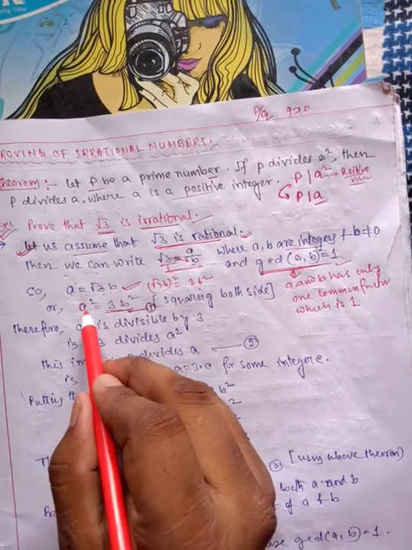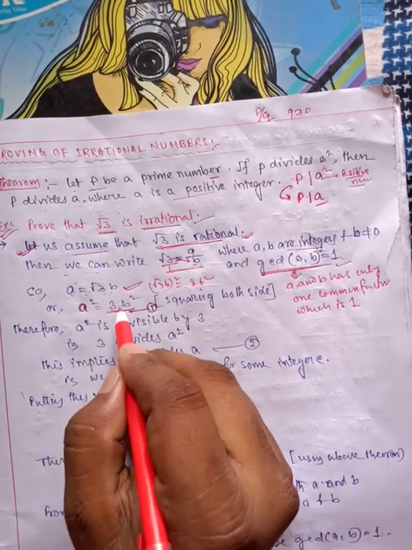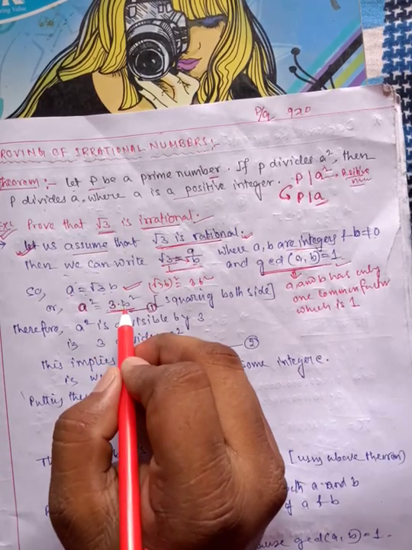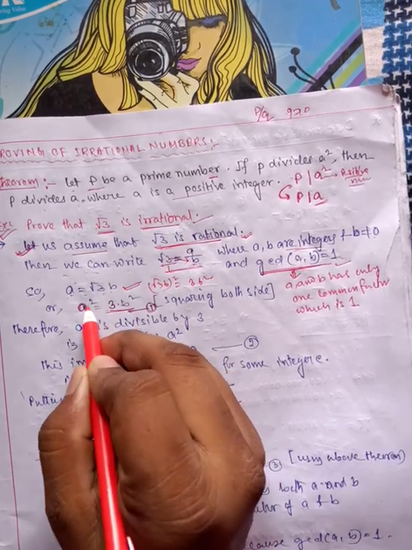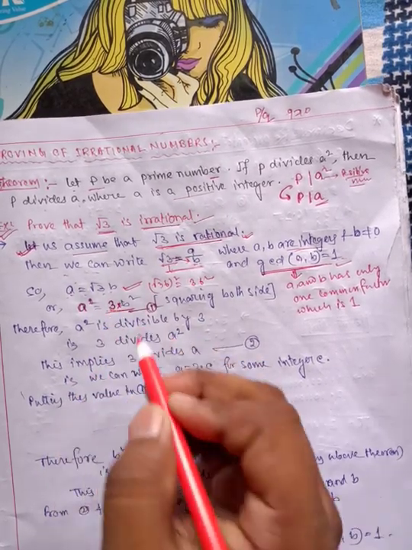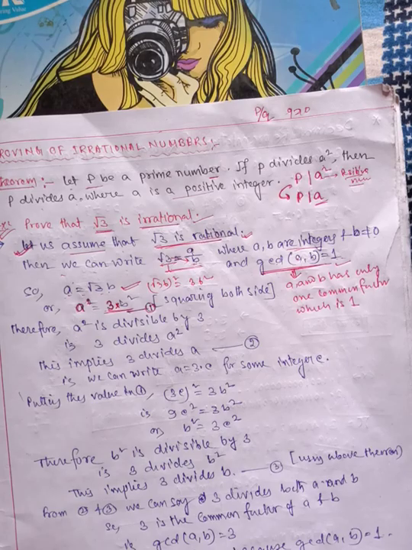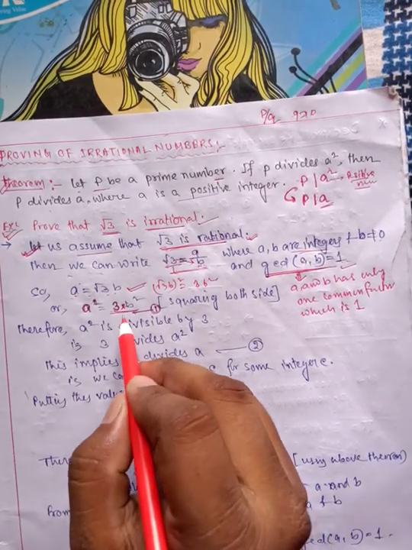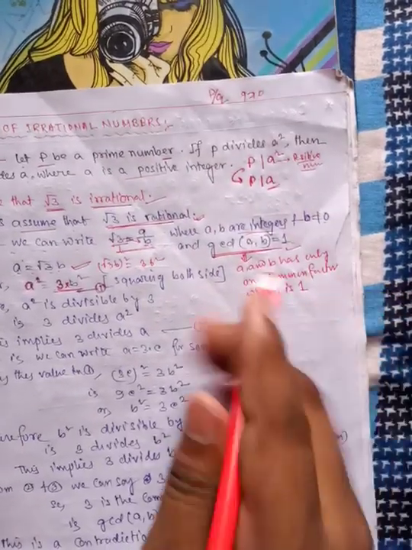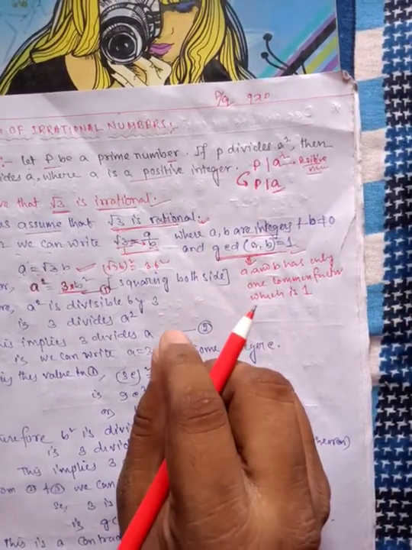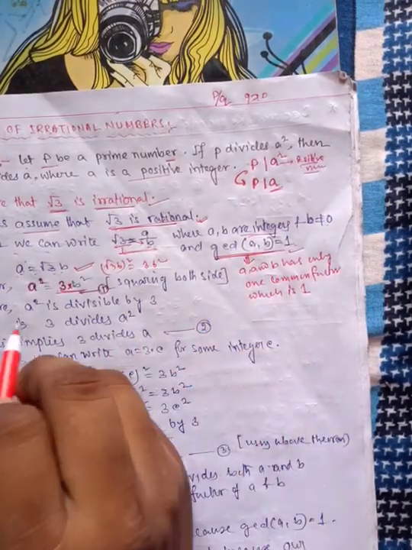As the expression of a square contains the number 3, that means the factorization of a square contains the number 3, that is a prime number. I have already discussed in a previous discussion that if a number contains a prime factor, then that number is divisible by that factor.